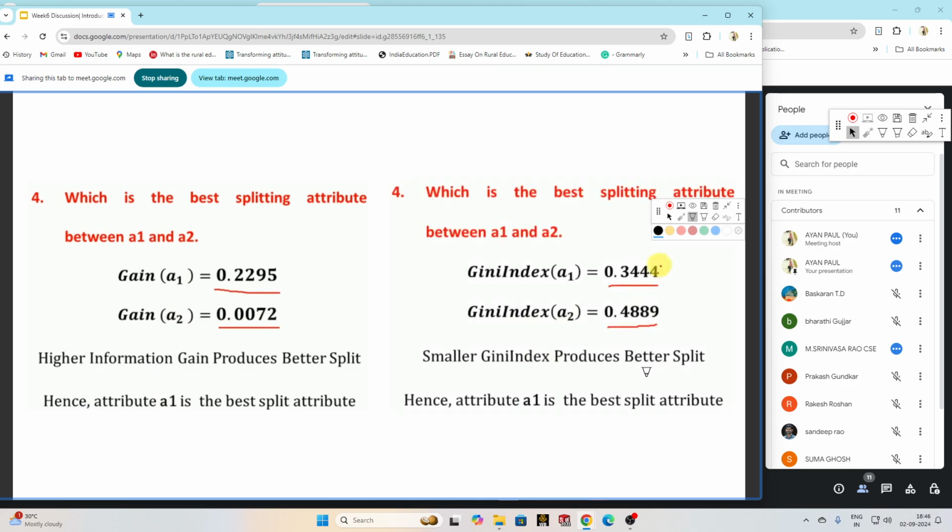Now the question is, which is the best splitting attribute between A1 and A2? To find the best splitting attribute, there are two measures, information gain and Gini index. In information gain, the higher the information gain of the attribute, the better the splitting attribute. Gini index is the reverse: the lower the Gini index, the better the attribute.